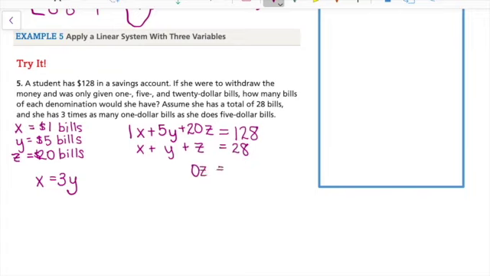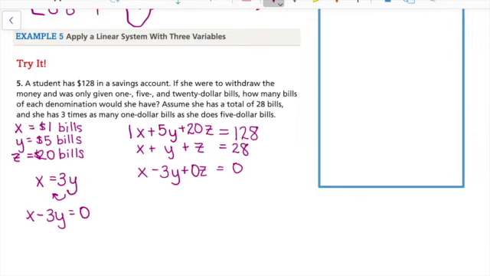Well, there's no Z whatsoever, so I know that's 0Z. But I need to move this over, so it's going to become X minus 3Y. It has nothing left, so the constant is 0. I have 1X and then minus 3Y.